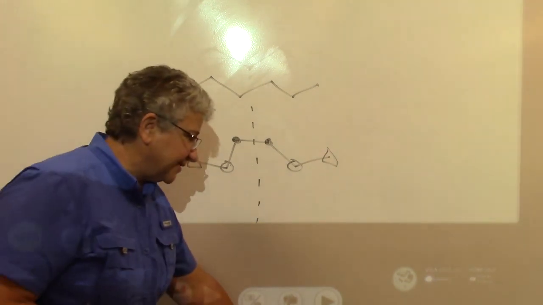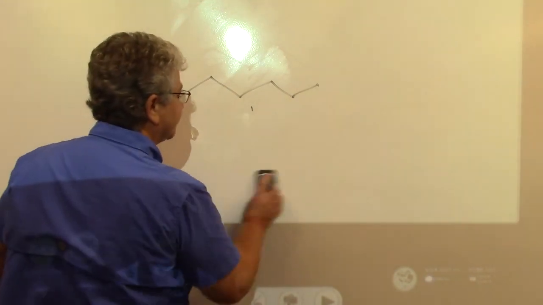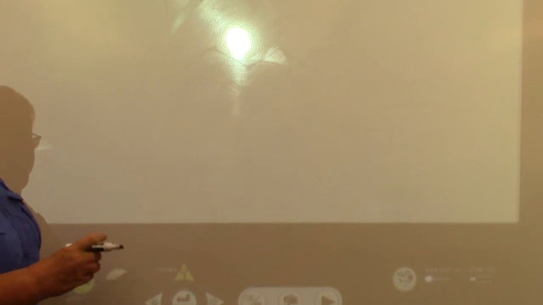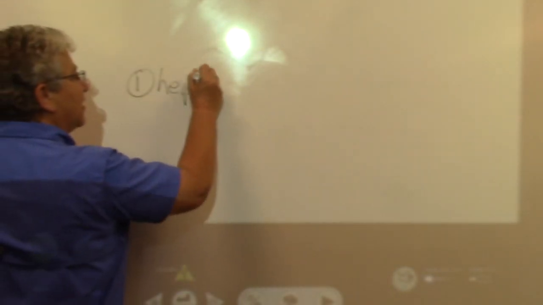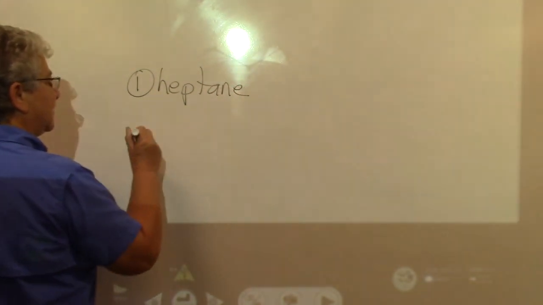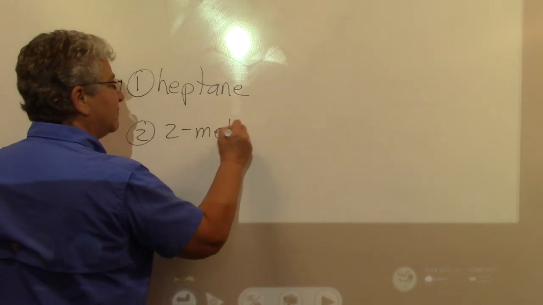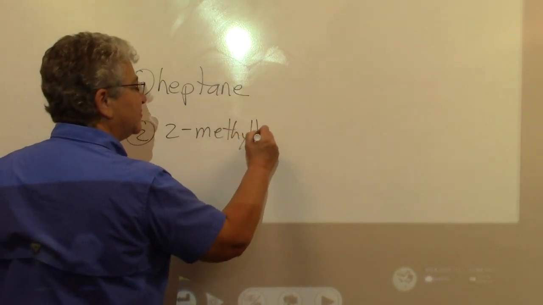So for practice, I would like you to tell me how many carbon resonances you would expect to see for heptane, and then for 2-methyl-butane.